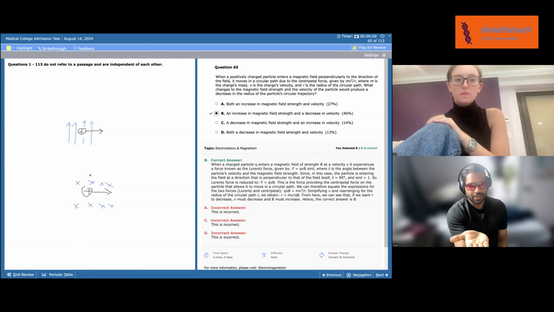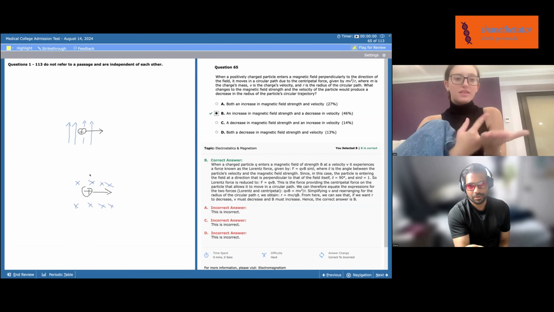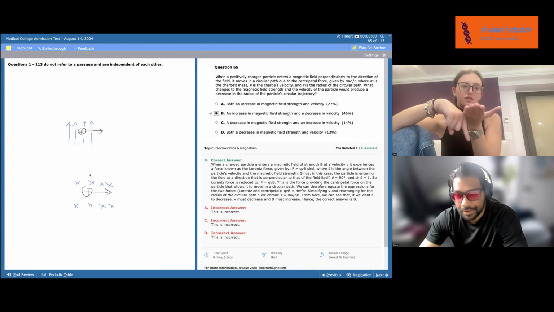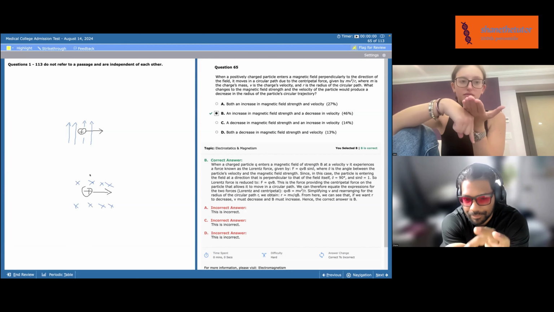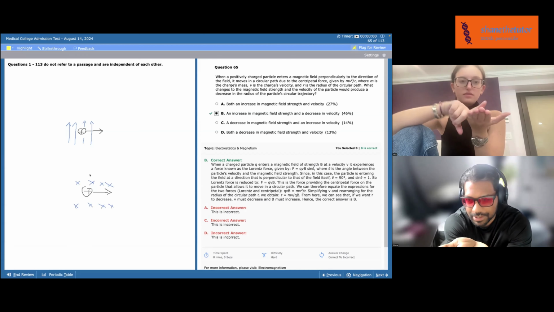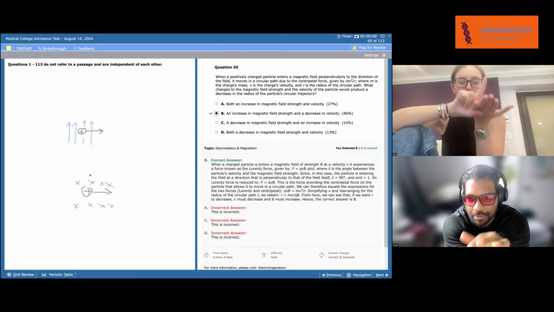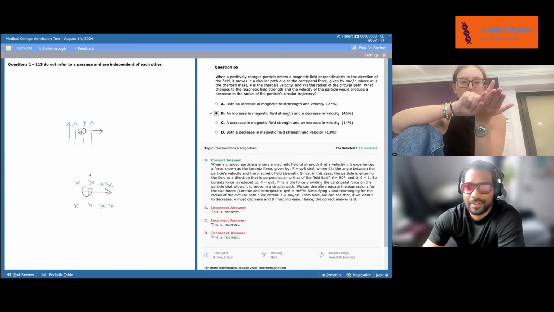So what direction is our palm? Yep, like that. Okay. So your fingers are going into the page and your palm is just moving up, right? Yeah.